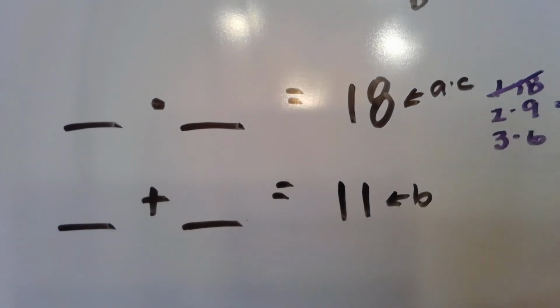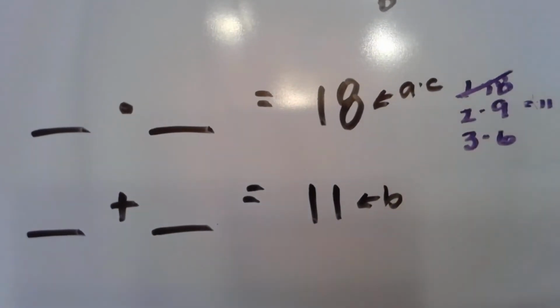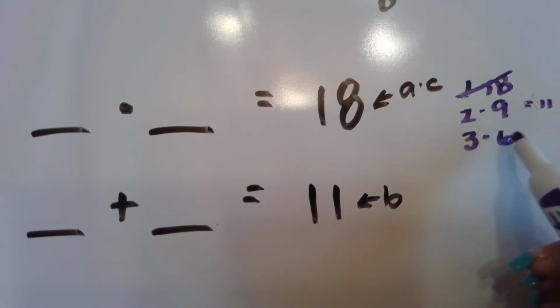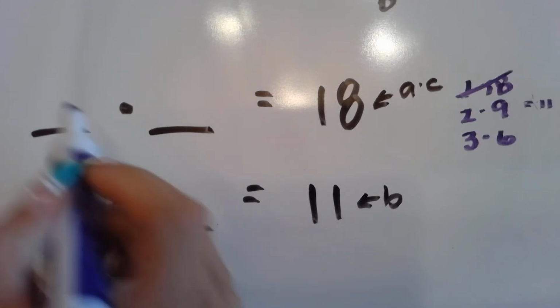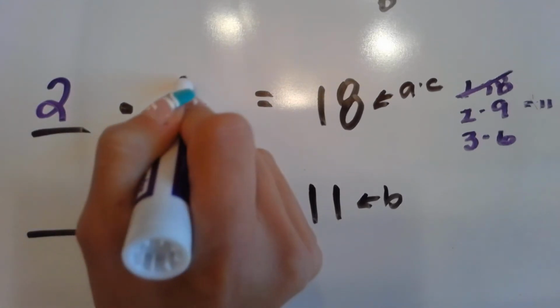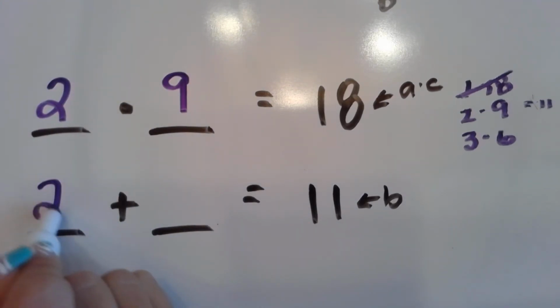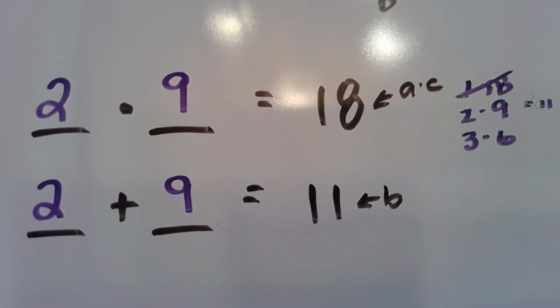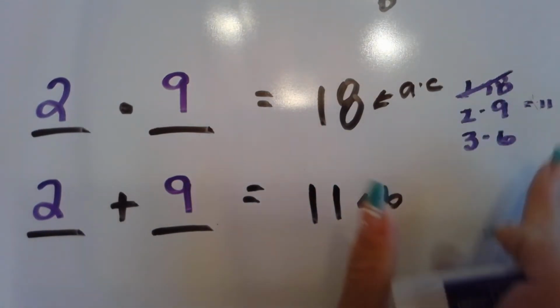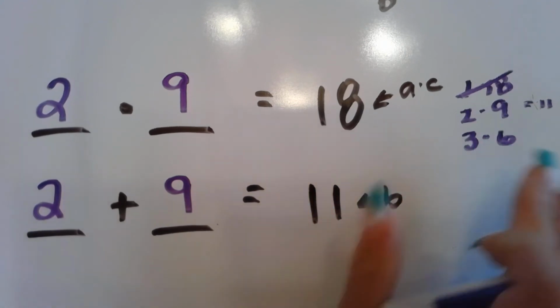Wow, okay. 2 plus 9 equals 11. 3 plus 6 would be 9, so that doesn't even equal 11. So we know this is going to be a 2 here and a 9 here. I always look at how many different ways can these equal this.